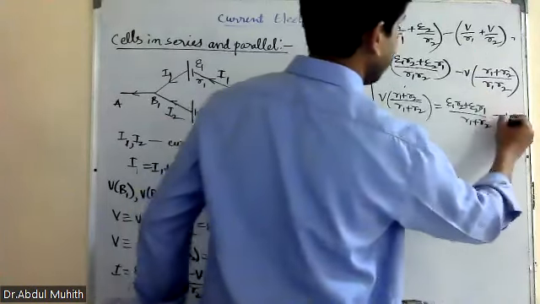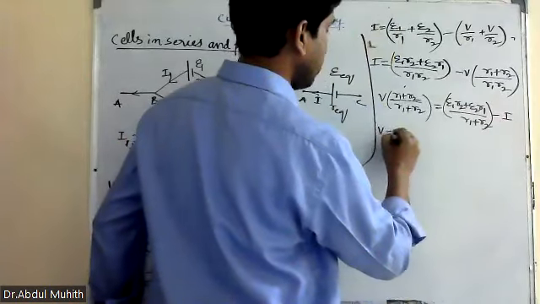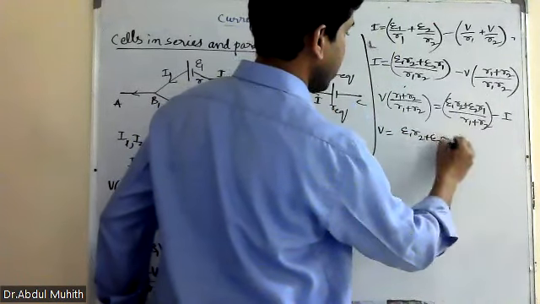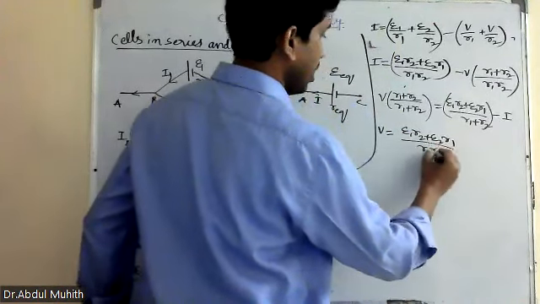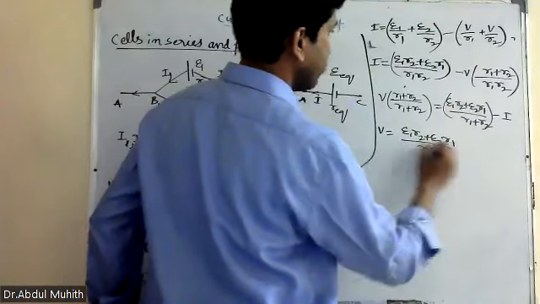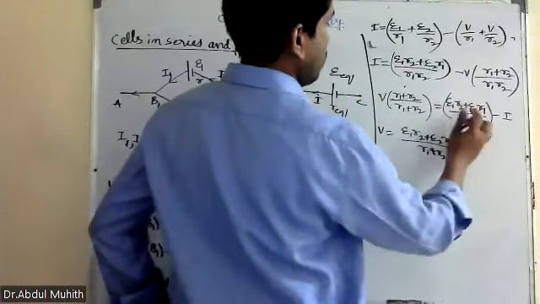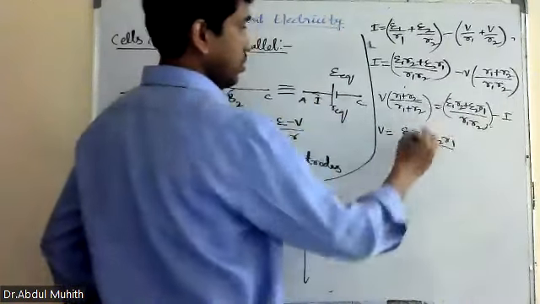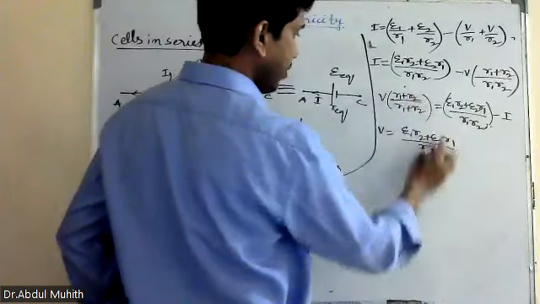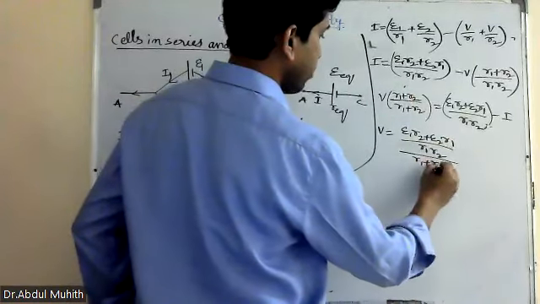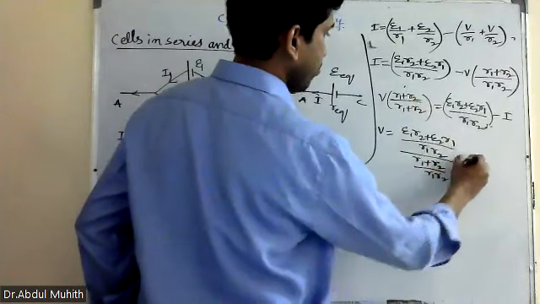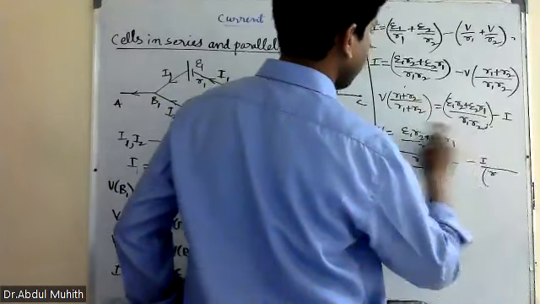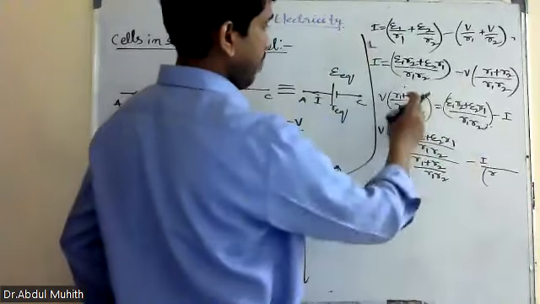Okay, then minus I. Then what happens? V is equal to what? Sorry, it should be R1 R2. So now what happens here? This is R1 R2.